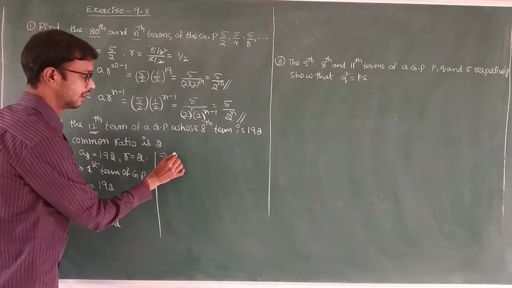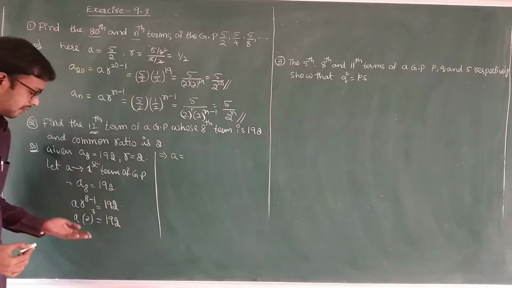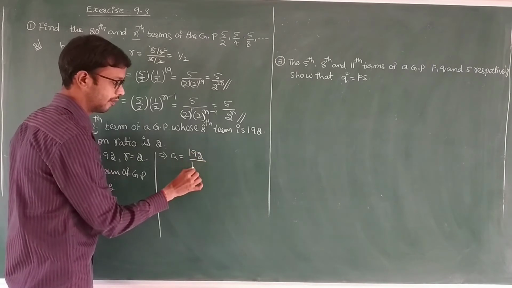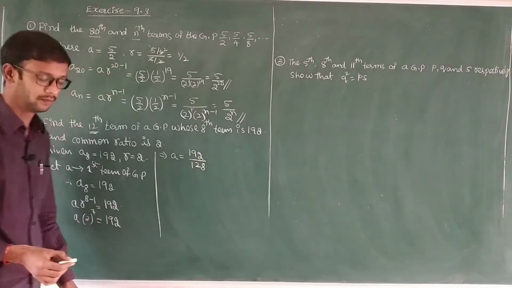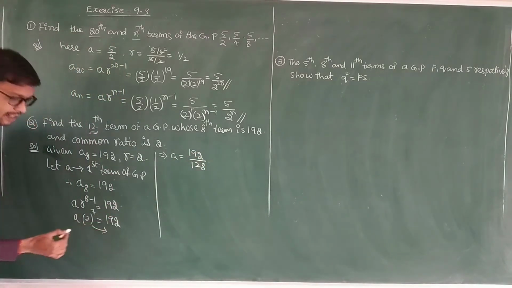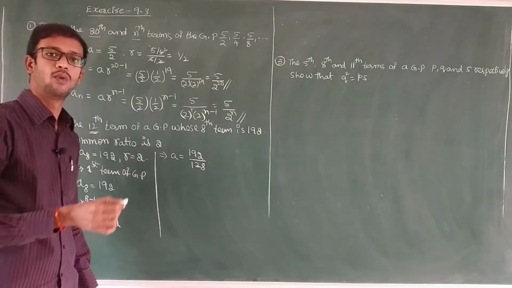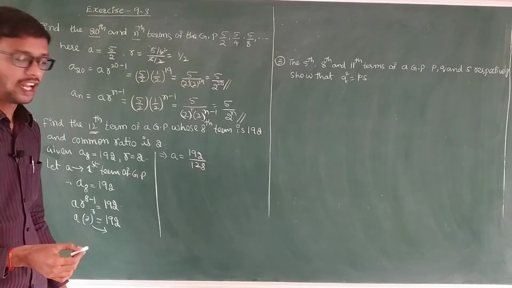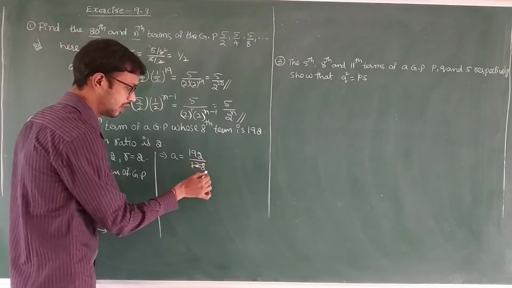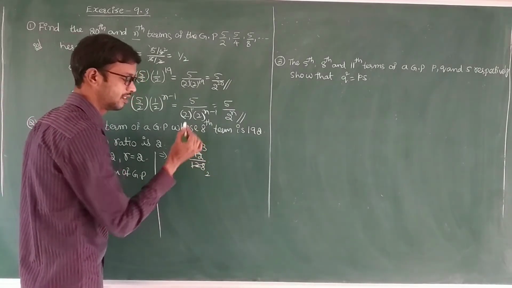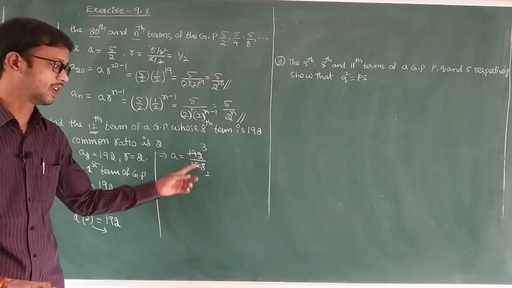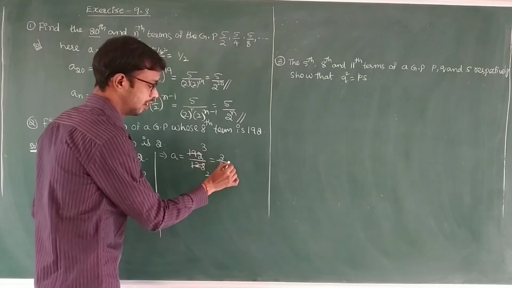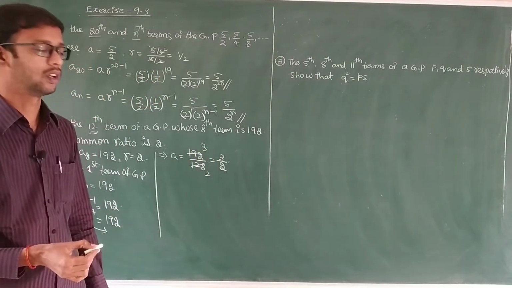That implies A is equal to 192 by 128. If we send it to the right side, it will be divided by 2 power 7, which is 128. 64 2s are 128, 64 3s are 192, cancellation. A is equal to how much do you get? 3 by 2.